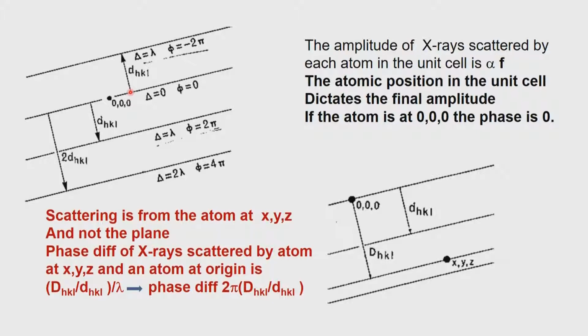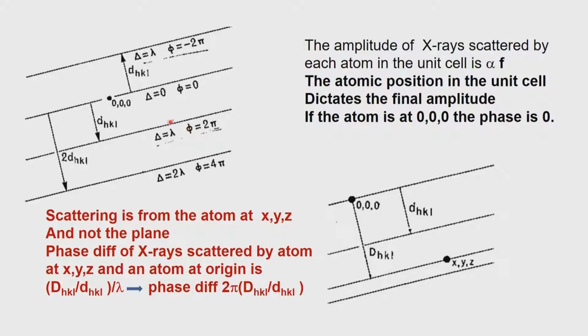From the origin, every diffraction plane which will come will have a path difference, or multiple of path difference, associated with d of HKL. We have seen that it depends upon the value of n lambda. n could be 1, 2, 3, 4, 5, 6 to whatever. So if we consider n equal to 1, then the path difference is delta equals lambda, and the corresponding phase change will be 2 pi.